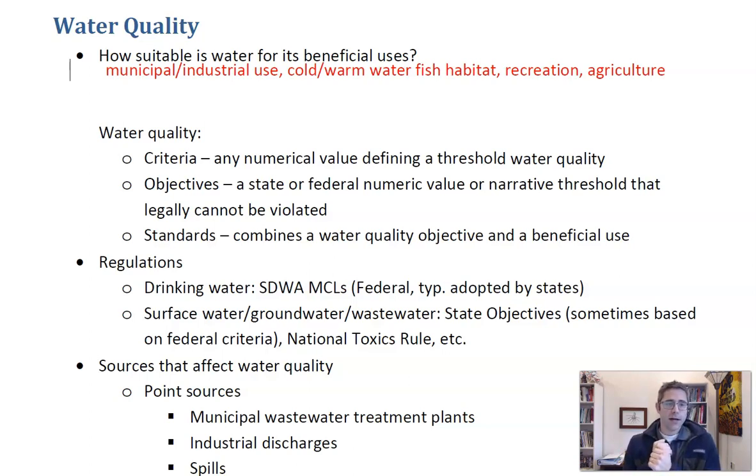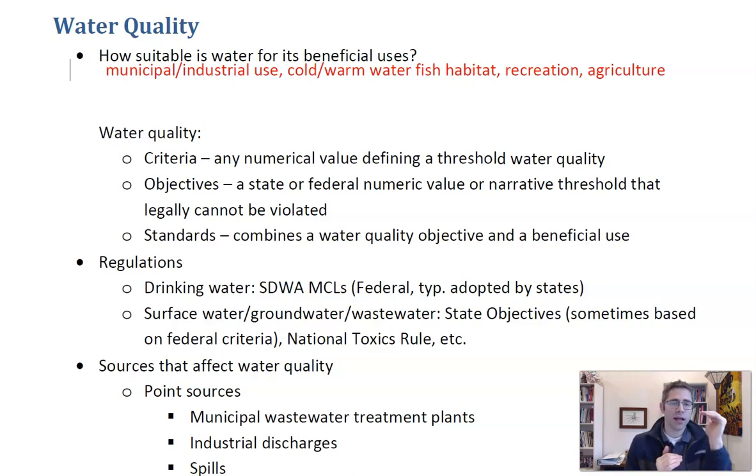And then there's a water quality standard, which combines both a water quality objective and a beneficial use. So the water quality standard might then say, we have this water quality objective for nitrate that uses this 10 milligram per liter as N criterion.